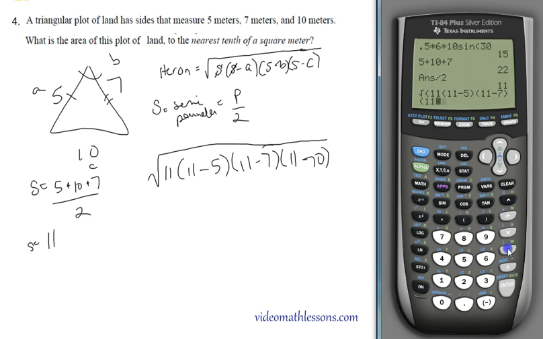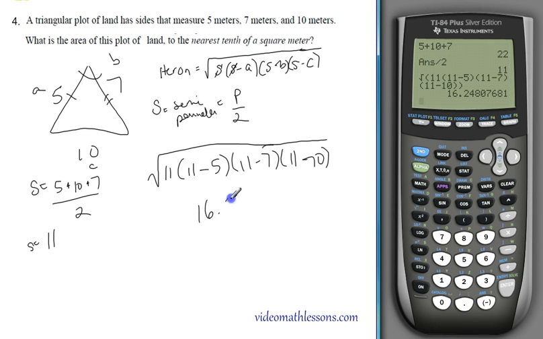And if you want to do the subtraction first, that's fine. Just don't screw up the algebra. Notice I'm going to close that parenthesis that was opened at the original. Hit enter, and you get 16.2480761. They want the nearest tenth, one decimal place, 16.2.